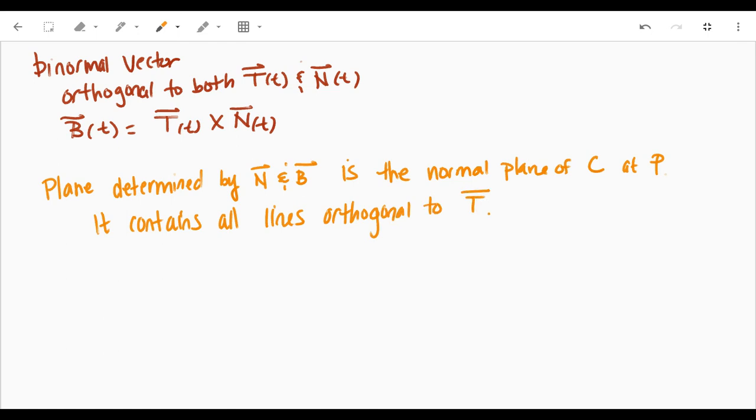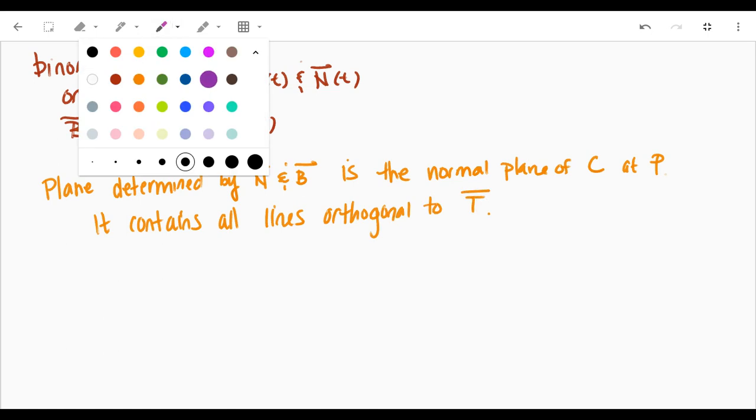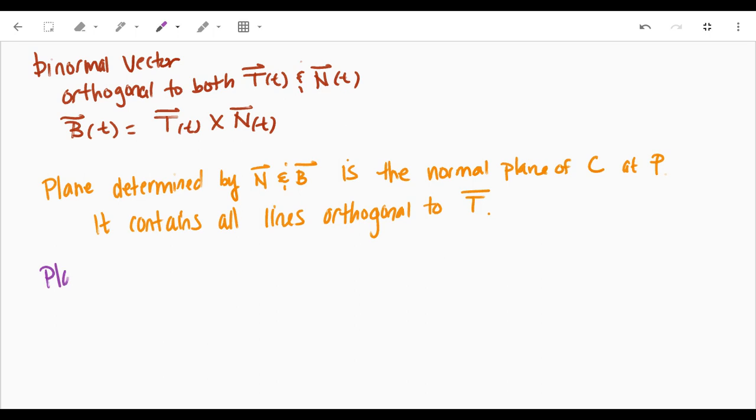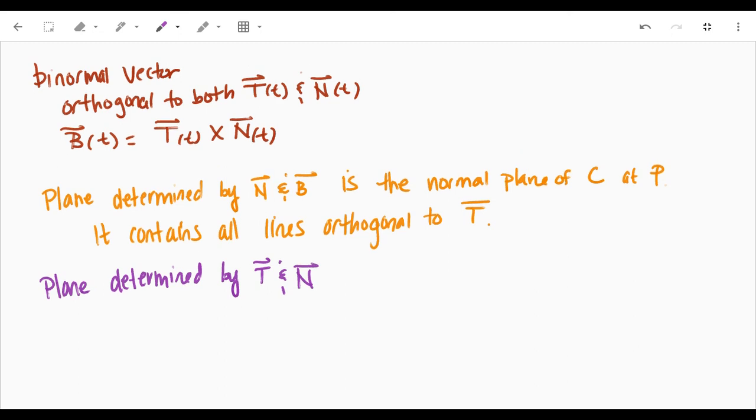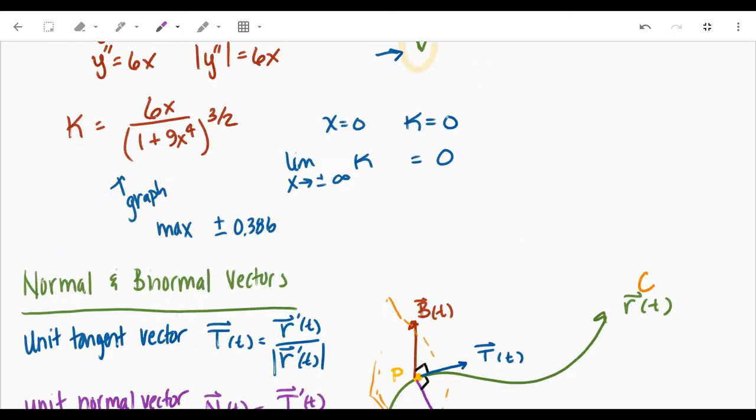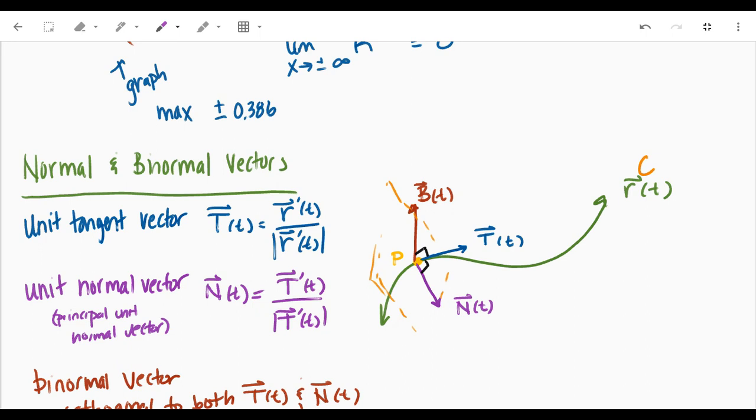Next one, the plane determined by T and N, so the blue one and the purple one here.